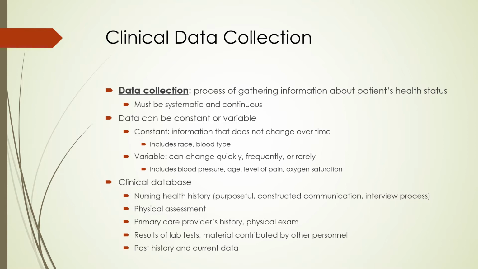We also can gather information about the patient's health status from the primary care provider's history and physical exam. And this will make more sense when you actually do your EPIC training, your computer training, and you will go in and see the doctor's history and physical.